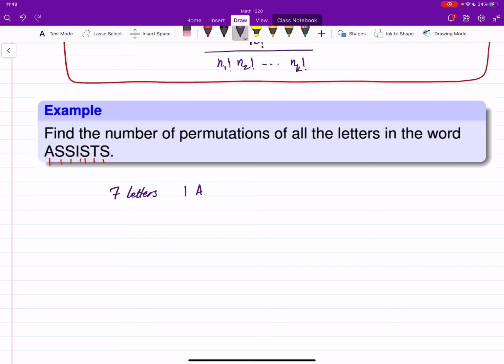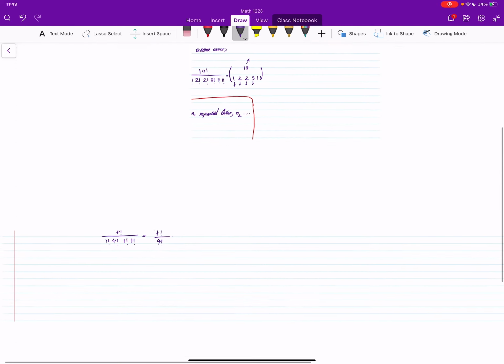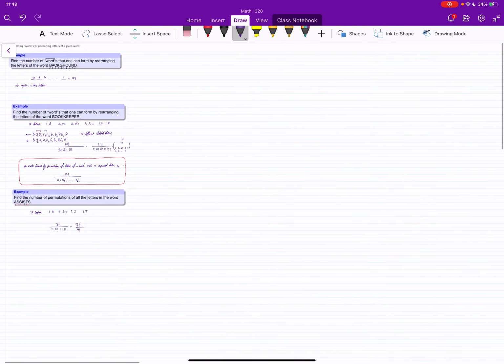There's 1 A, 4 S's, 1 I, and 1 T. Yes, they add up to 7. So the number of ways is 7 factorial over 1 factorial, 4 factorial, 1 factorial, 1 factorial, which is just 7 factorial over 4 factorial. That's how you count the number of ways you can generate words by permuting letters of a given word.